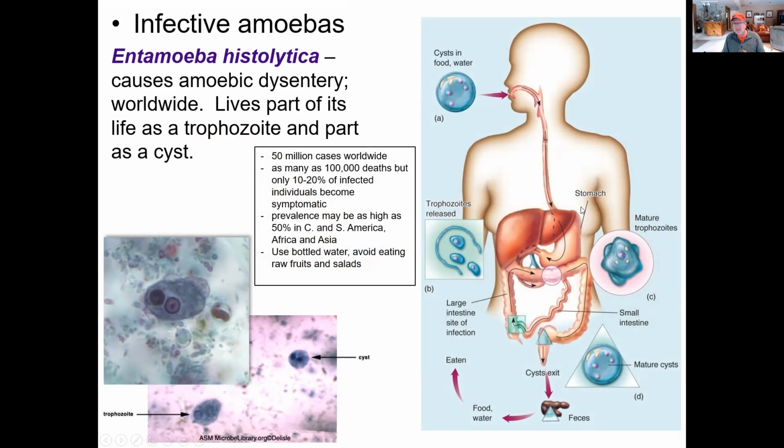You ingest the cyst, it gets into your digestive system, and there it begins to feed and grow when it then shifts into the trophozoite stage. So it changes from cyst into trophozoite in your large intestine, typically. From there, the trophozoite can penetrate the lining of the intestine and invade the liver, lungs, and skin.